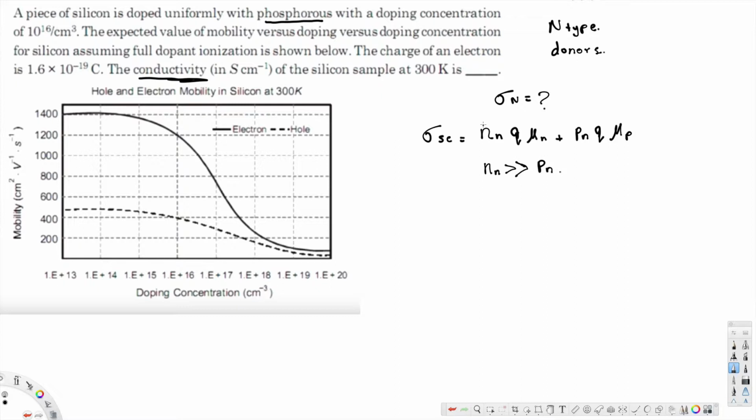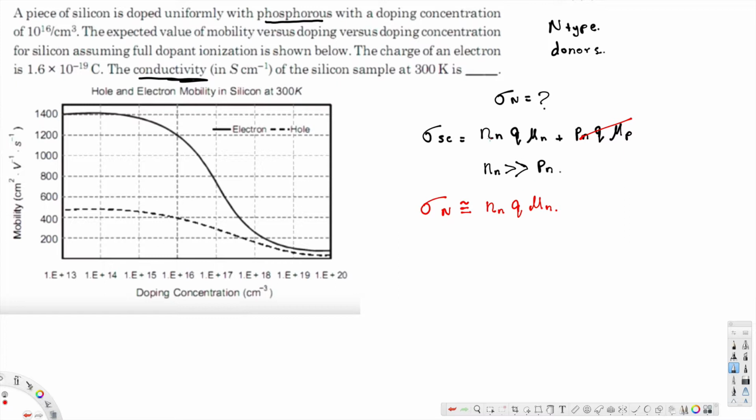This value is going to be huge compared to this one, so we can neglect it and equate sigma n to this value. So approximately sigma n is equal to Nn q mu n.